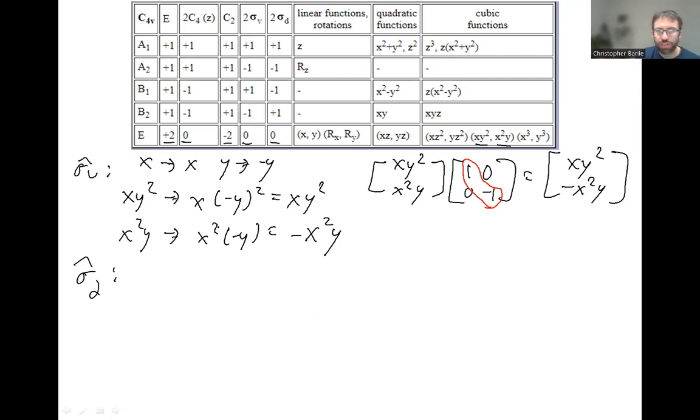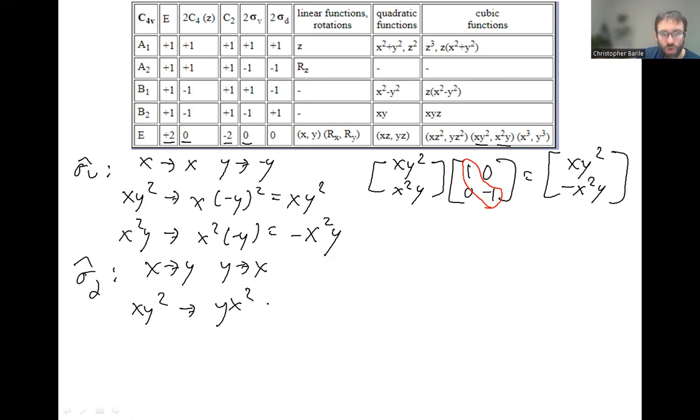So we should get a 0, and let's see if that holds. So sigma d, if we recall the example of the mirror plane we used, there's 2 different sigma d's, you can use either. But with the axis system that we had, x went to y and y went to x. So now x squared y, x went to y and y went to x.